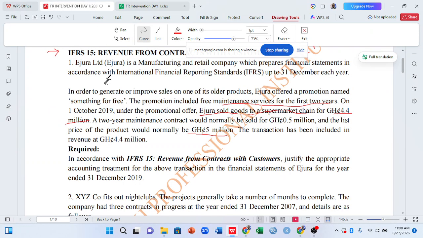The day we signed the contract was 1st October 2019, and the day we are reporting is 31st December 2019. So 1st October 2019 to 31st December 2019, how many months is that? 3 months.